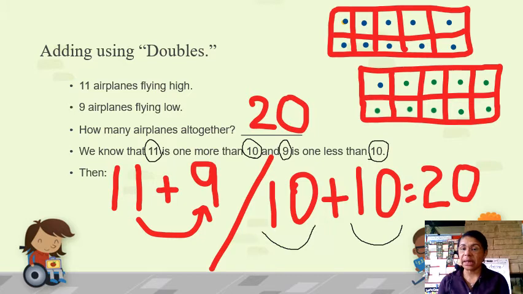And when I looked at it, both 10 frames got full, which means 10 plus 10 is the same as 20. And this is another way you could use doubles. You could use 10 frames. You could write your number sentence and look at the pattern. Use what you know to solve those story problems really quickly.